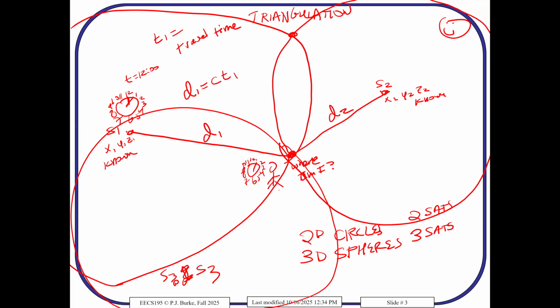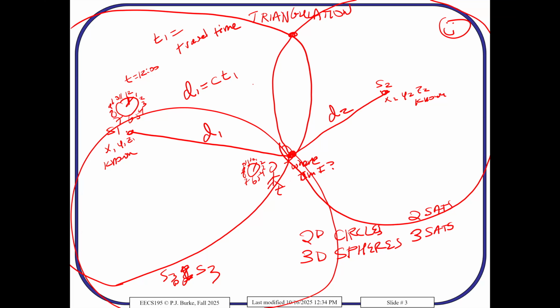And the receiver measures the time. I'm not going to do the math yet, but he can determine the transit time, because the satellite says, I'm sending this beacon out at exactly noon, and the receiver receives it a little bit later, and he checks his clock when he received it. And based on that, you can find the distances D1, D2, D3 to the satellites.